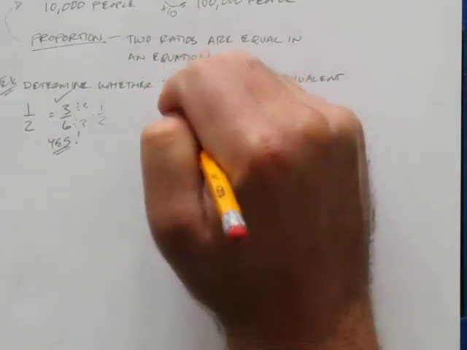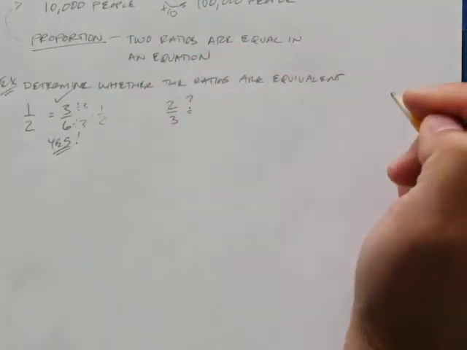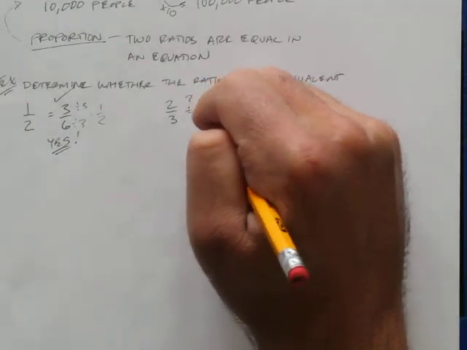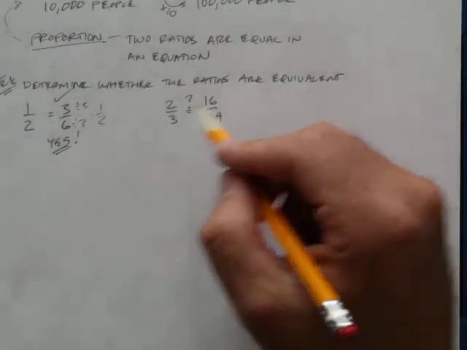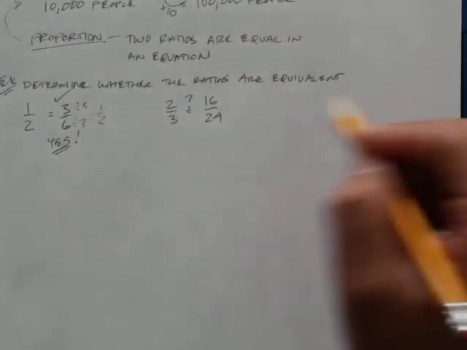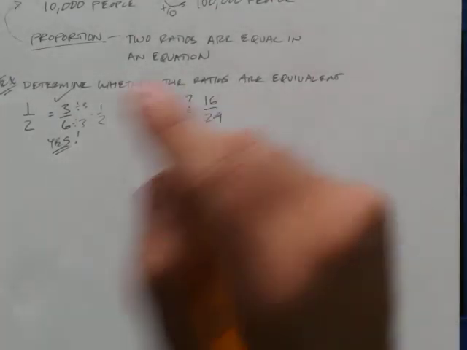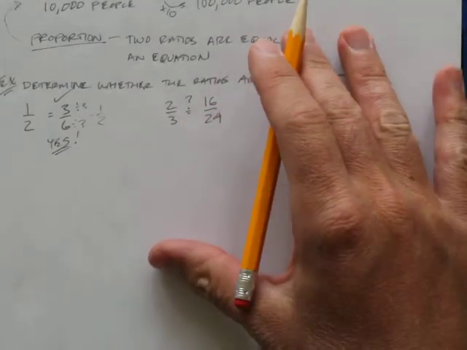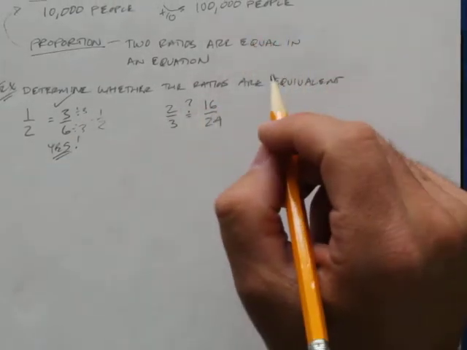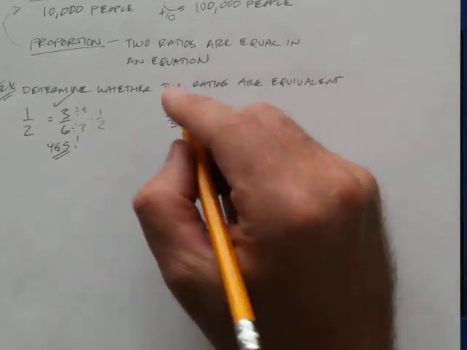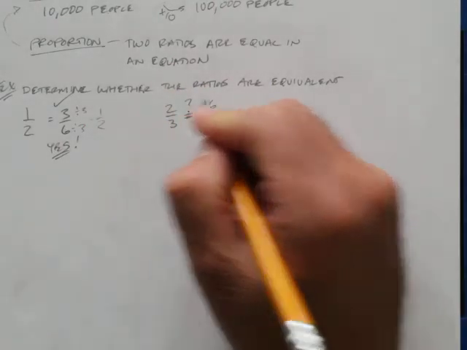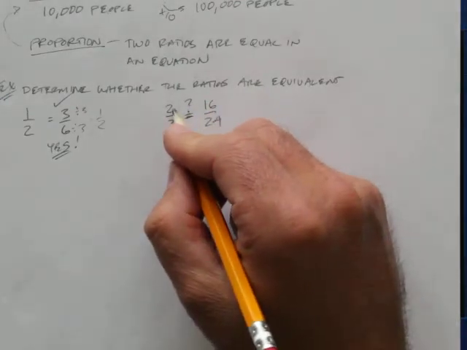Let's try this one. 2/3 equals, and we can put a little question mark here, 16 over 24. So how can we check to see if these are equivalent? We're looking at one way, and we're going to look at another way in a minute. Let's see.